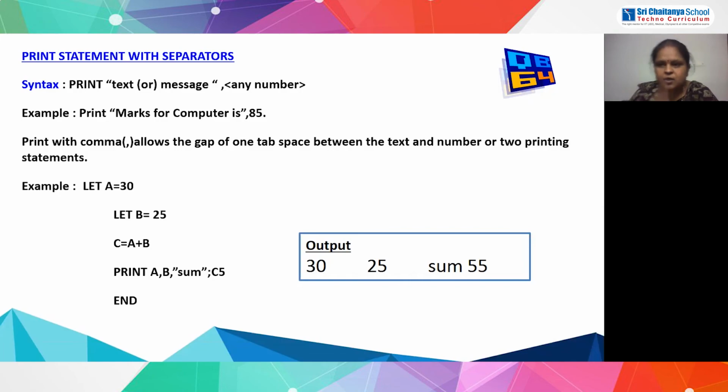You can see the output screen. After the number 30, so much gap is given, that is because of the comma. And then 25, that is the value of variable B. Again, some gap is given because the comma is there. Next, "sum" is printed as it is because it is written in the double quotes.